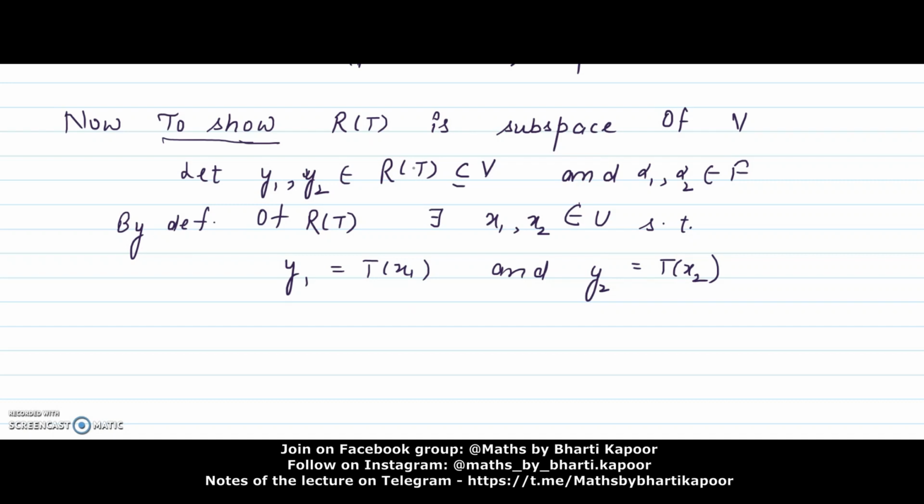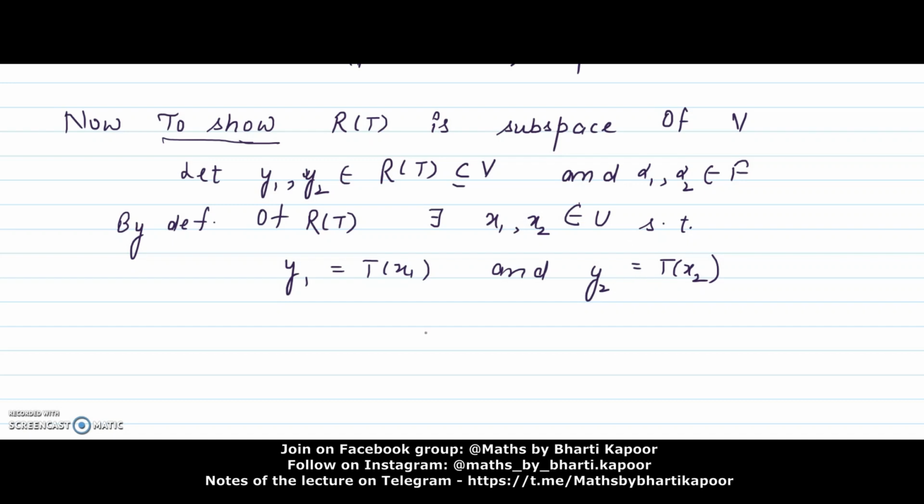Because in RT the elements are images of elements of U. So if y1 is in RT, y1 will be image of some element of U, and we have assumed that that element is x1. Similarly, if y2 belongs to RT, y2 will be also T image of some element of U, and that element has been assumed as x2.